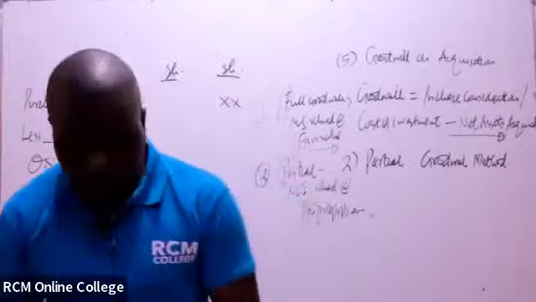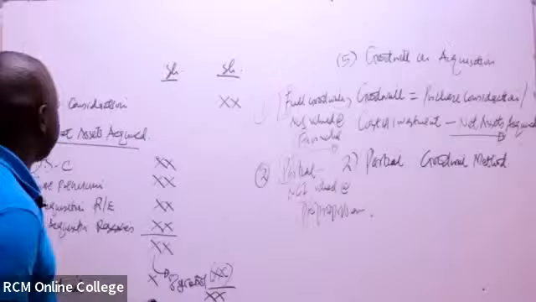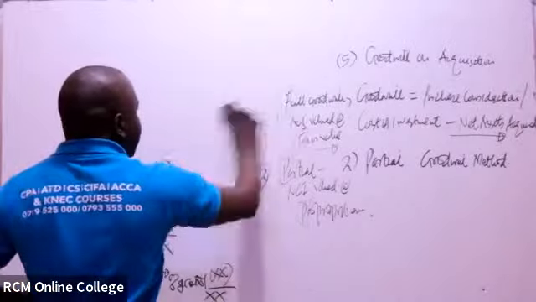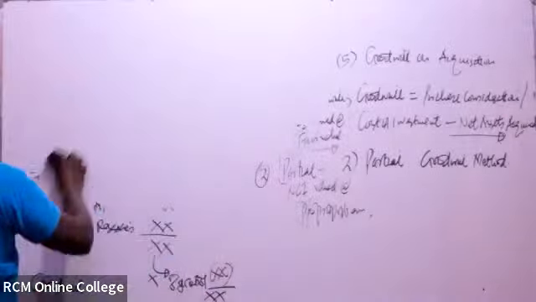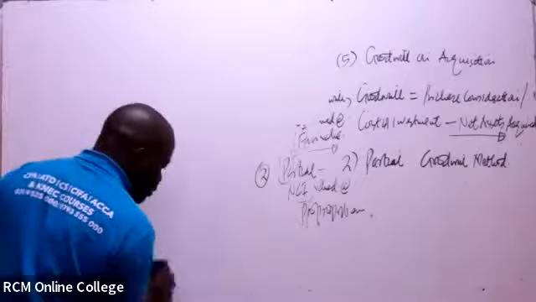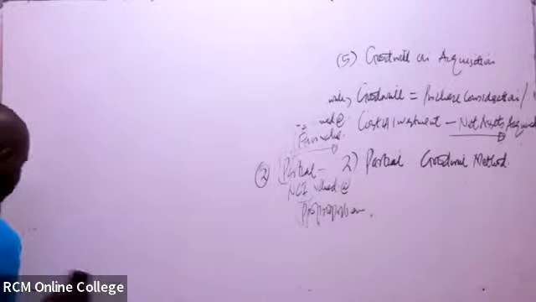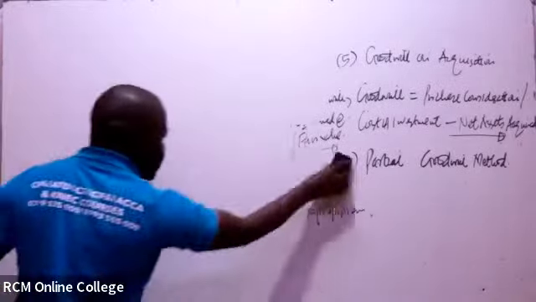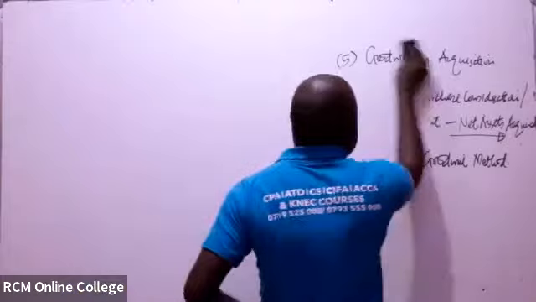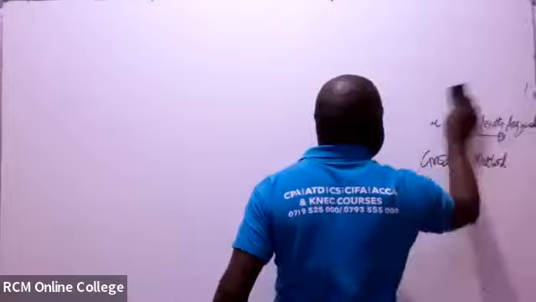They are what we call fair value adjustments. That is the one I need to look at before we start on illustrations from the past papers.